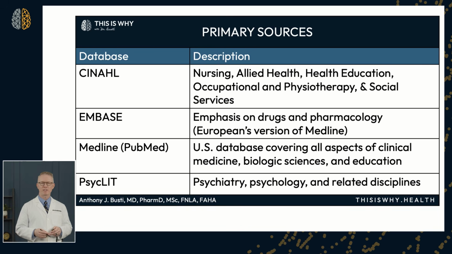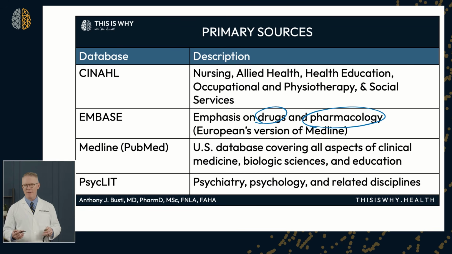CINAHL, which represents kind of nursing, allied health, occupational health, psychotherapies, and physiotherapy services. Embase is more of a European database, a little bit more emphasis on drugs and pharmacology. It's very similar to Medline or PubMed.